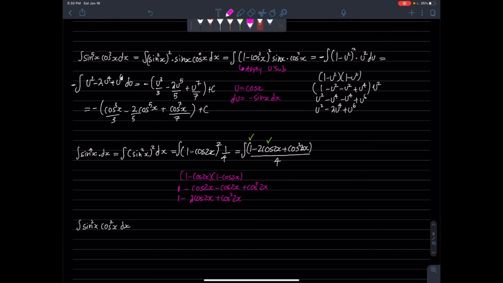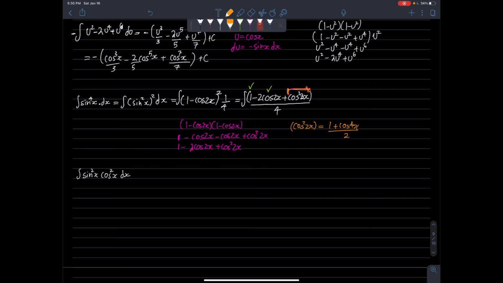Cos squared 2x is equal to 1 plus cos 4x over 2. It's just the same identity. You just have to apply it one more time.